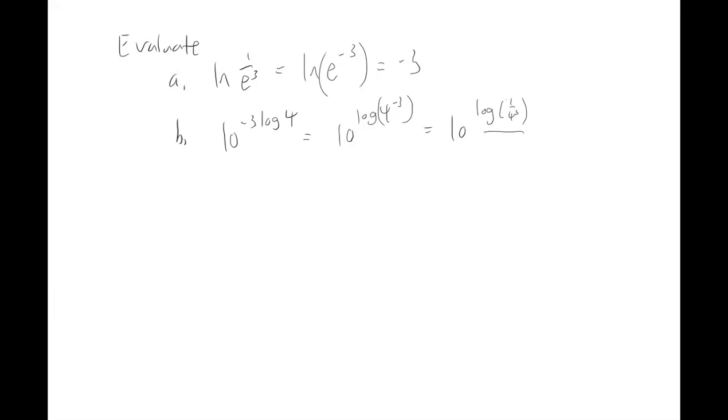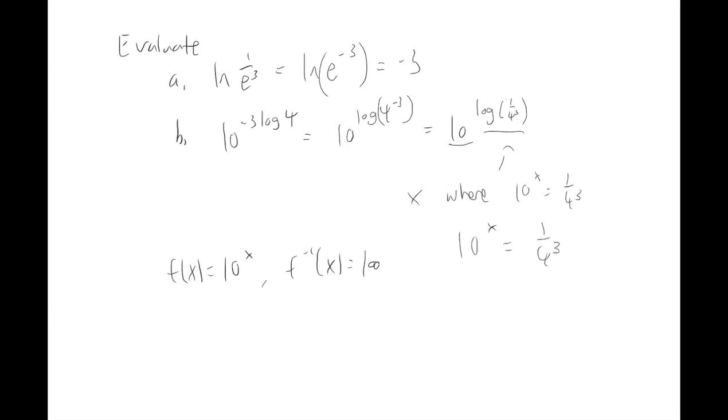So here, this is whatever power x, where 10 to the x is 1 over 4 cubed. If you raise 10 to the x, you get 1 over 4 cubed, because you have a 10 here. A faster way is just to notice it's a law, right? So f of x is 10 to the x, and the inverse is log of x, log base 10.